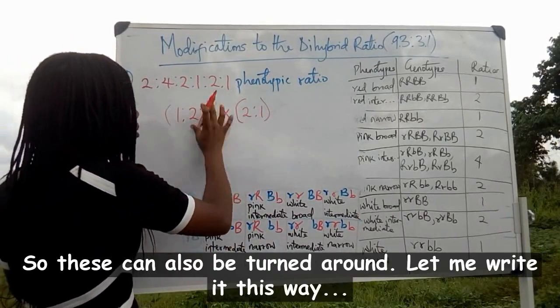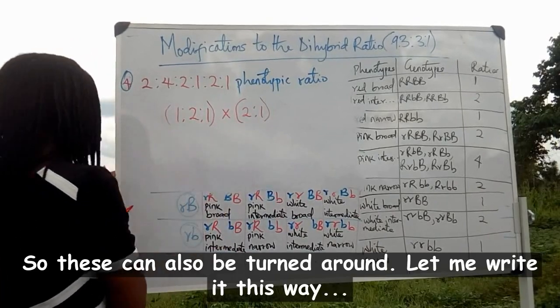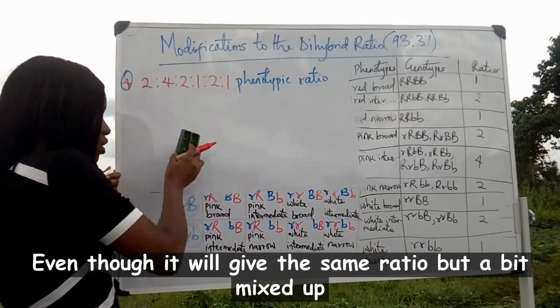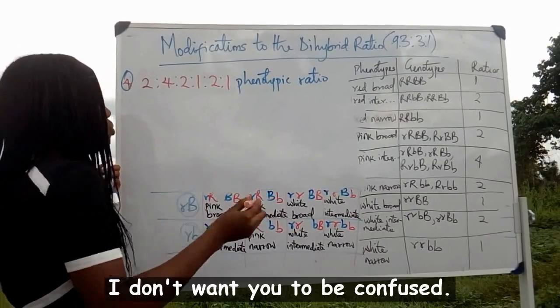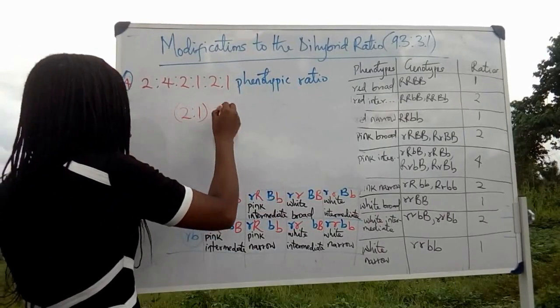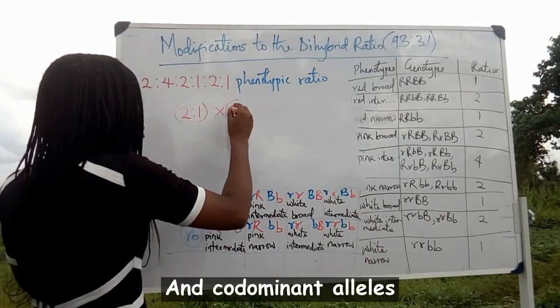So this can also be turned around. Let me write it this way. Even though it will give the same ratio but a bit mixed up, I don't want you to be confused. So recessive lethal alleles and co-dominant alleles.